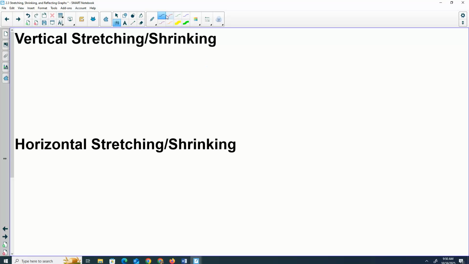All right, vertical stretching and shrinking. Vertical is anything on the outside. Outside changes y and it does what it says. So it's when you multiply a number in front. If your C is bigger than 1, it's a vertical stretch.